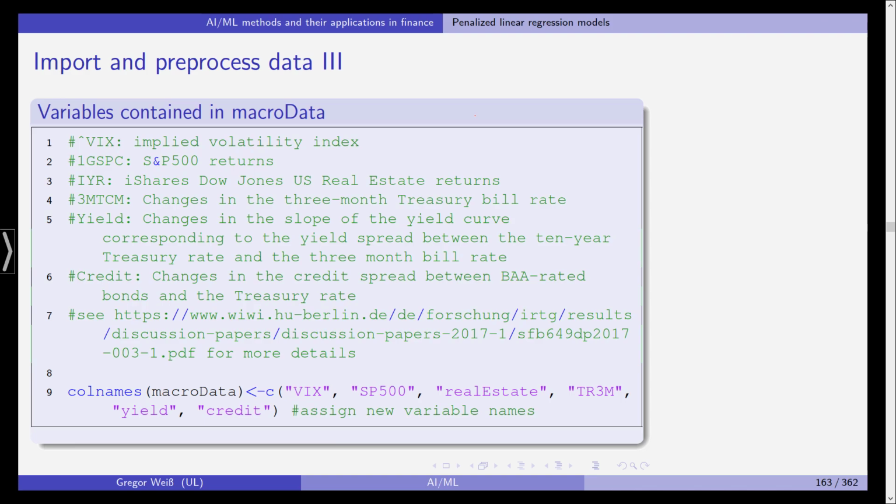So the implied volatility index, this is the volatility index on the S&P 500, the S&P 500 itself, the iShares Dow Jones US Real Estate Return Index, and then the yield, the slope of the yield curve corresponding to the spread between the 10-year Treasury rate and the 3-month T-bill rate, and last but not least, the changes in the credit spread between BAA-rated bonds and the Treasury rate. So this is a credit spread.